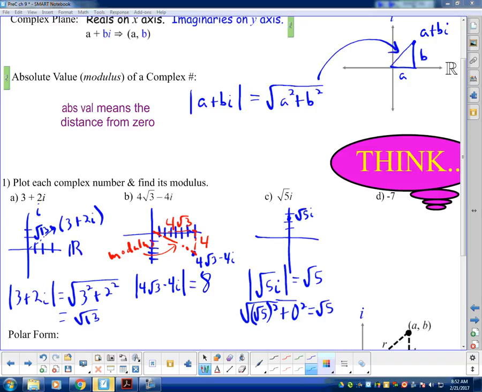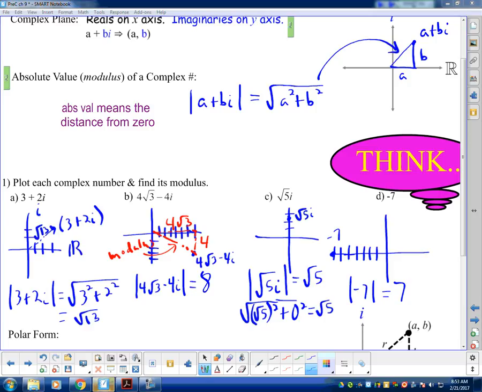So how far away from 0 am I? Root 5 away from 0. So right here, the modulus of the real number is only a real part, 1, 2, 3, 4, 5, 6, 7, negative 7. So there it is. The modulus of negative 7 would be equal to 7.